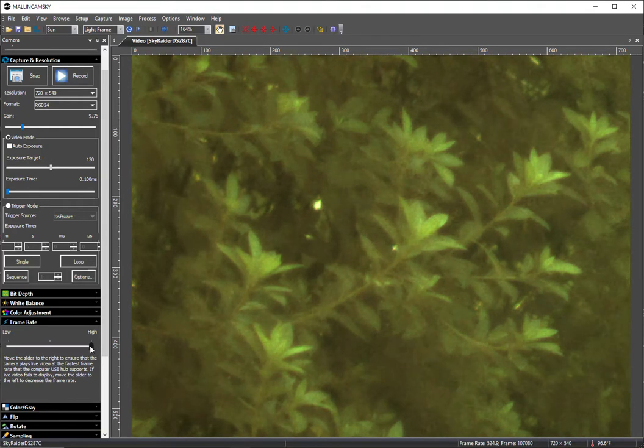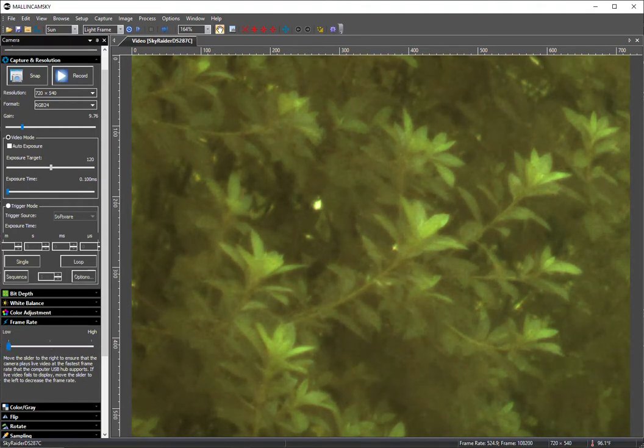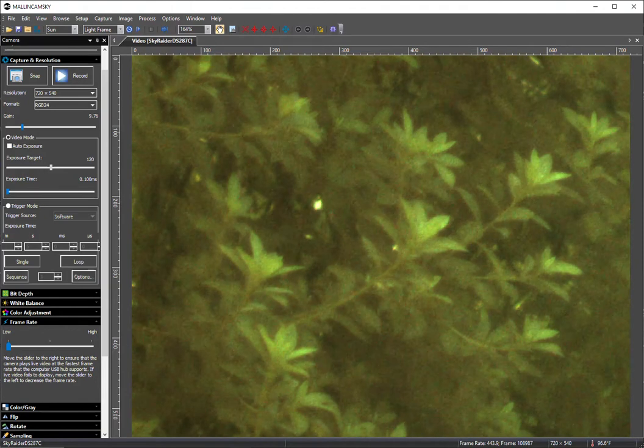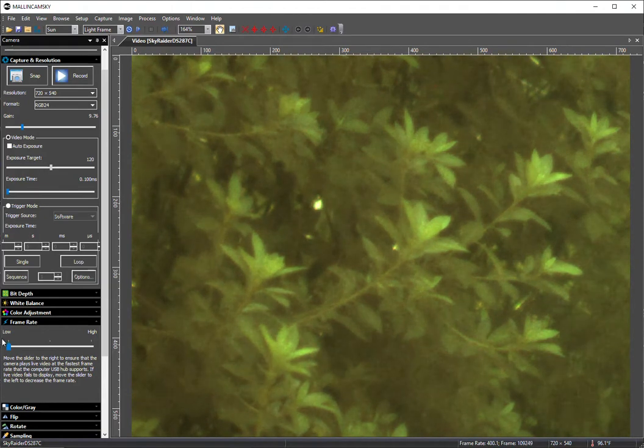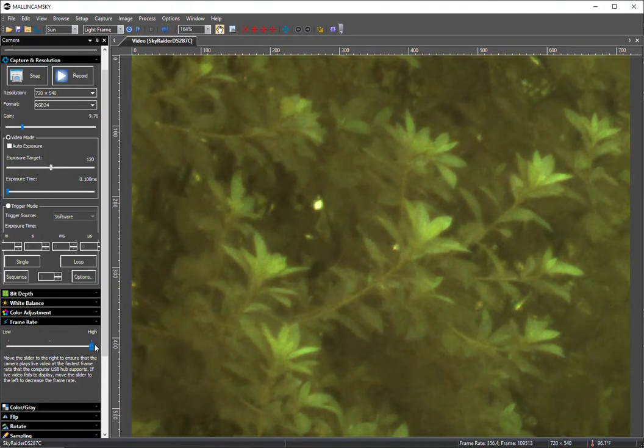Frame rate. That was at high. Let me see what happens when I go to low. I'll drop down to 400. So let me go back to frame rate high.